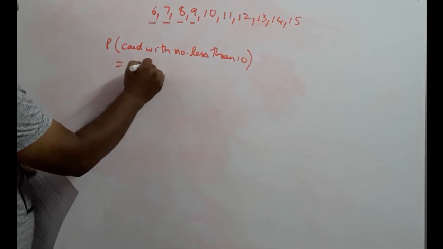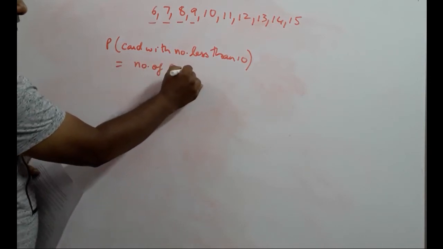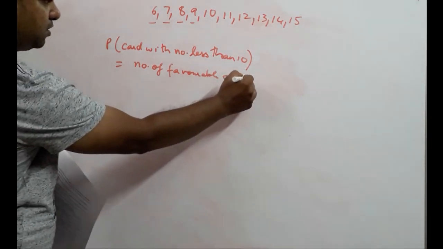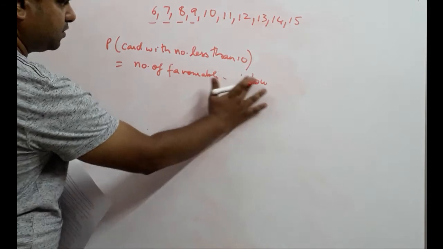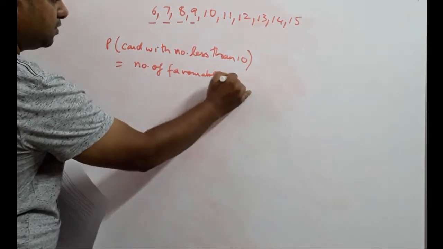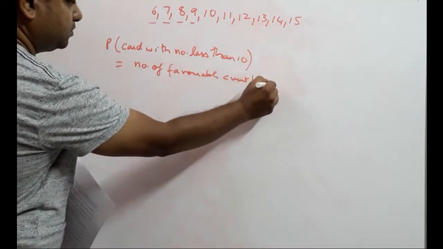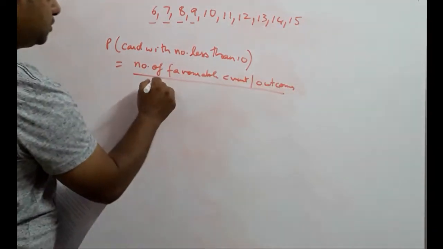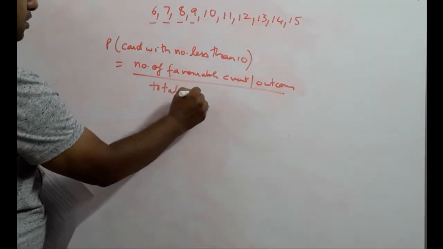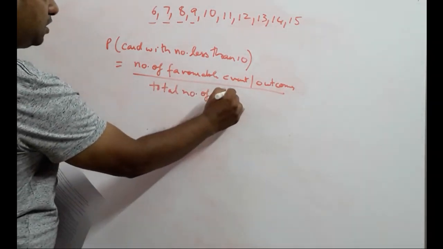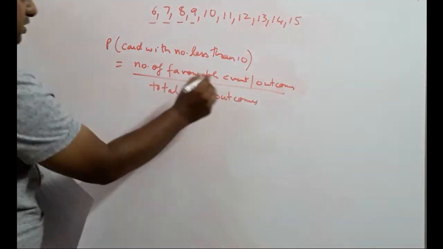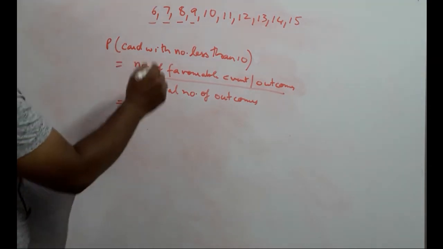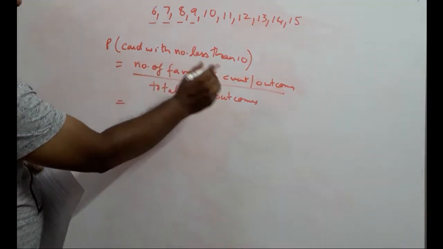It is equal to the number of favorable events or outcomes upon total number of outcomes. This is as per the formula we had learnt in the previous class.